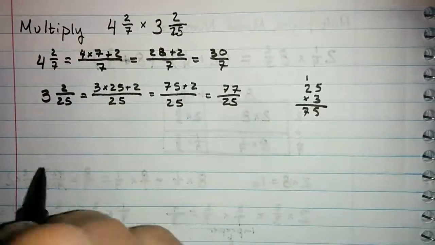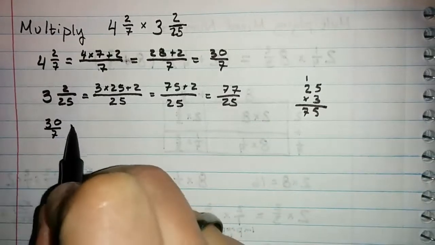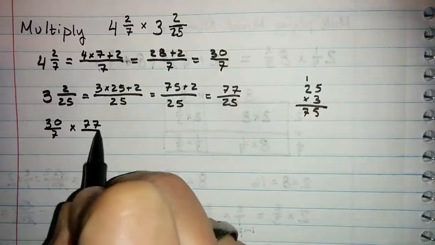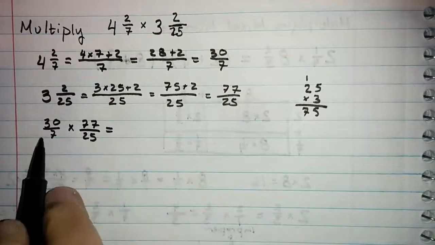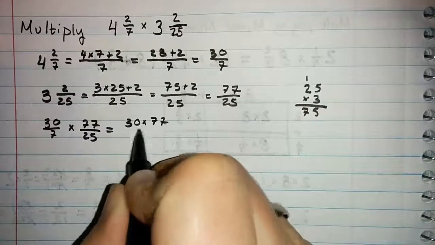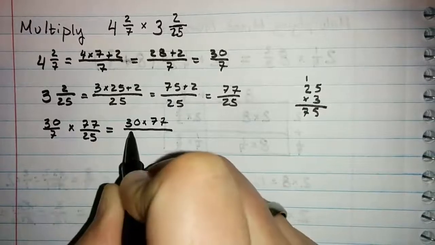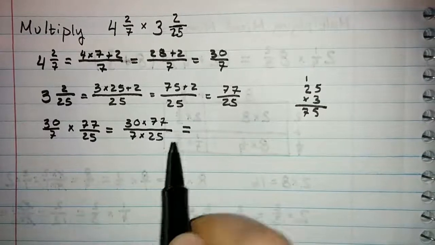So our multiplication problem becomes 30/7 times 77/25. So we'll have multiplying numerators, 30 times 77, multiplying denominators, 7 times 25. Let's see.